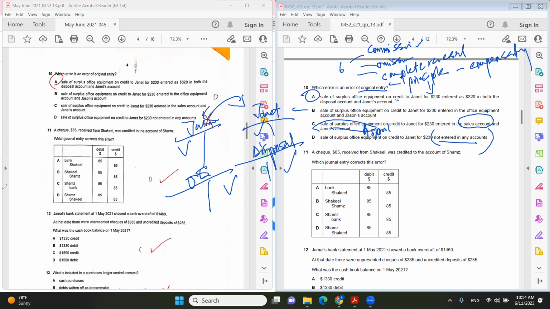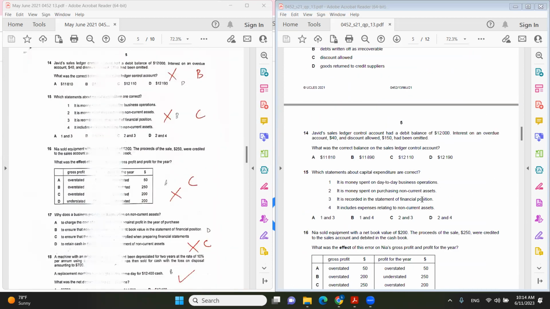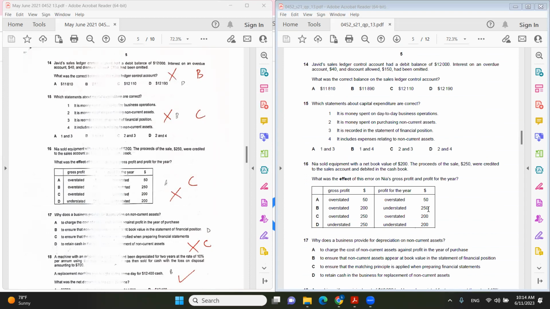Okay, next. 14. Jerry's sales ledger control account has a debit balance, 12,000. Okay, so sales ledger control account, we have 12,000 in the debit side. Interest on overdue account, that means we charge the customer $40.